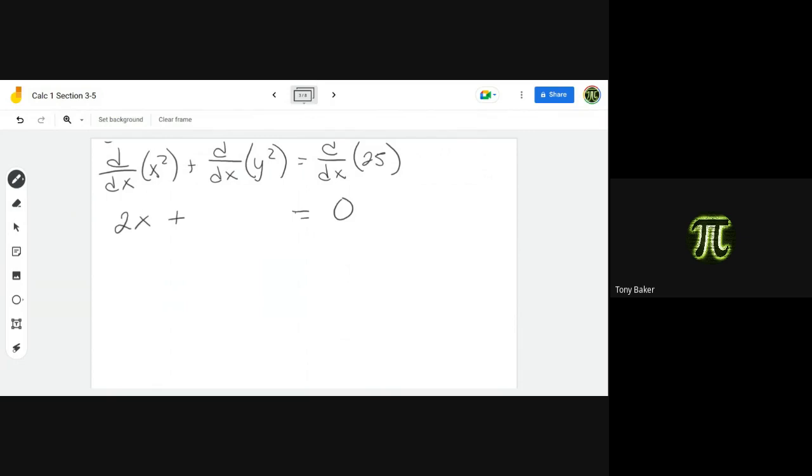All right. So what's the derivative of y squared? If it was just y squared, that'd be 2y. But I have to multiply it by dy dx. I have to multiply it by the derivative of whatever that is.